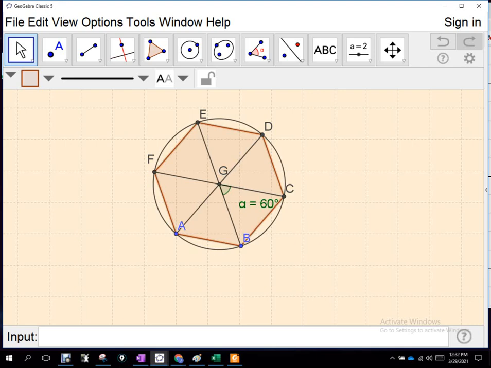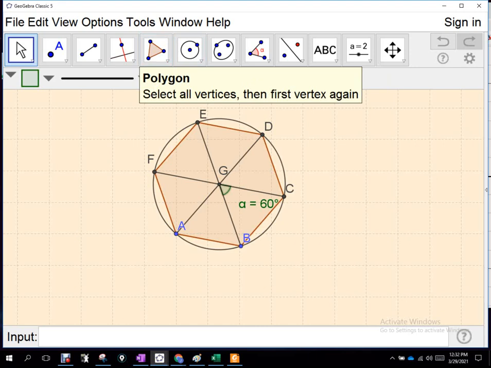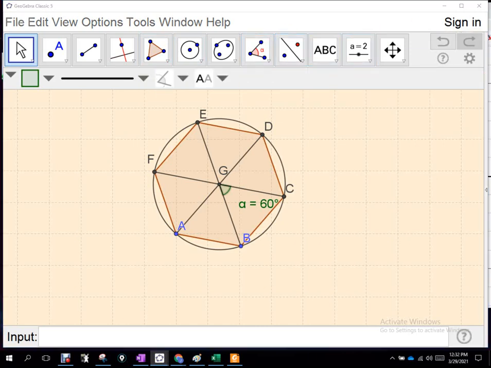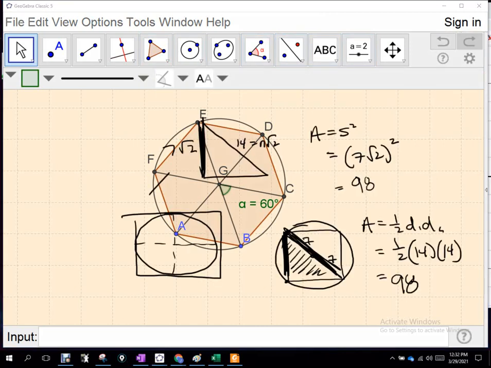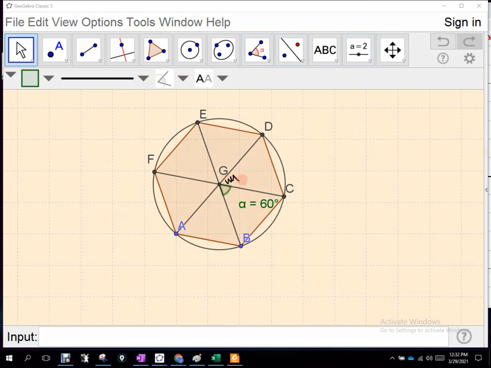This triangle here is actually a regular triangle, and that's unique for a hexagon. But that triangle there is congruent to that one, congruent to that one, congruent to that one, right? So all of these central angles are all the same because of CPCTC, right? Does that make sense? They're all 60.